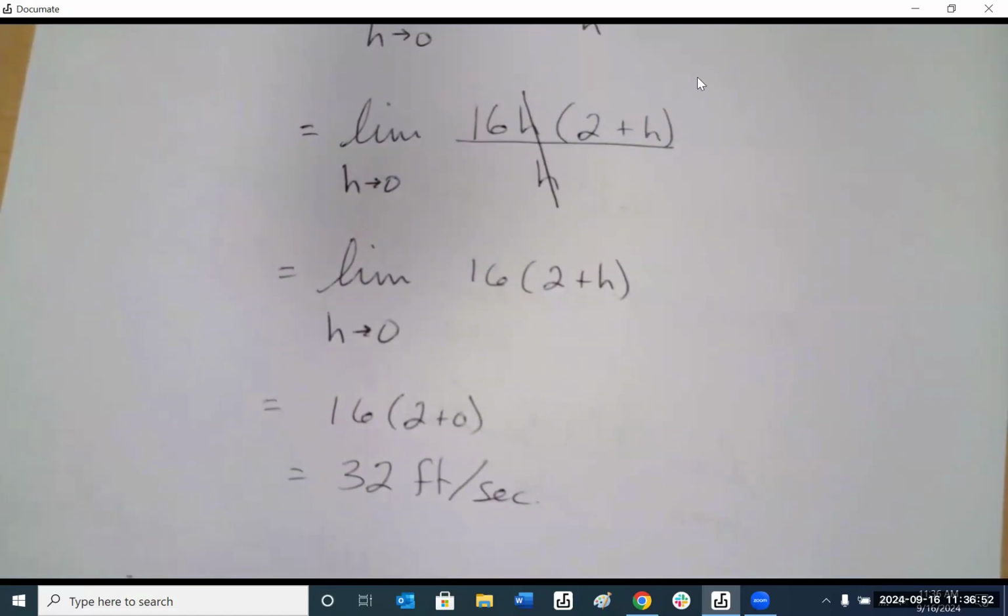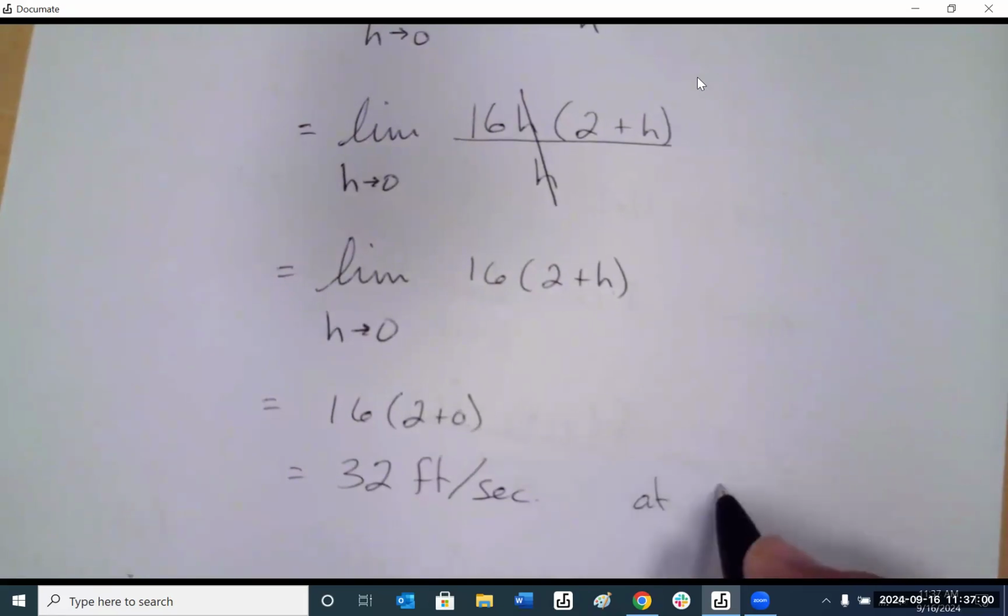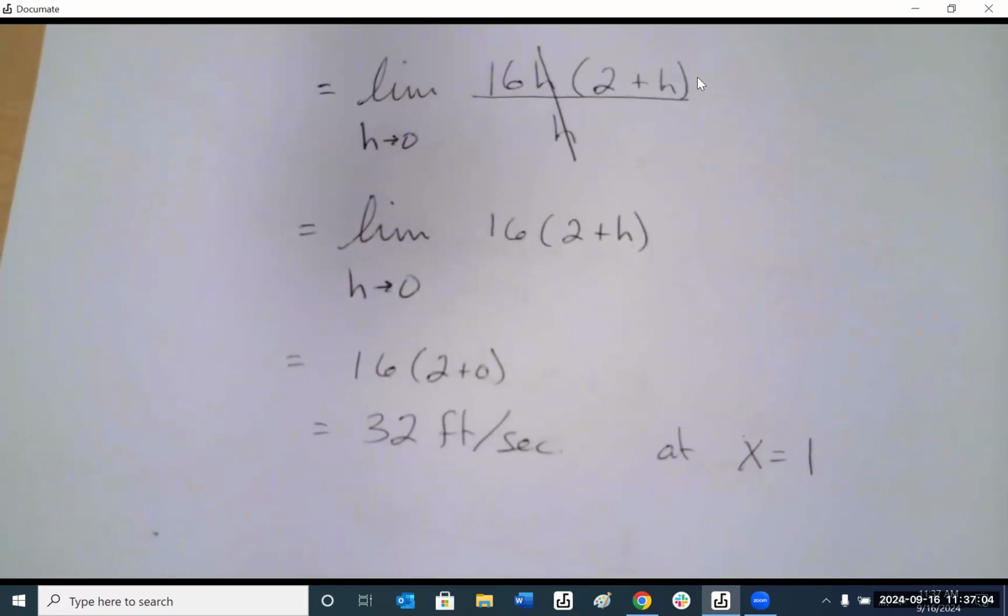And that's the speed at x equals 1, or t equals 1. Pretty straightforward.